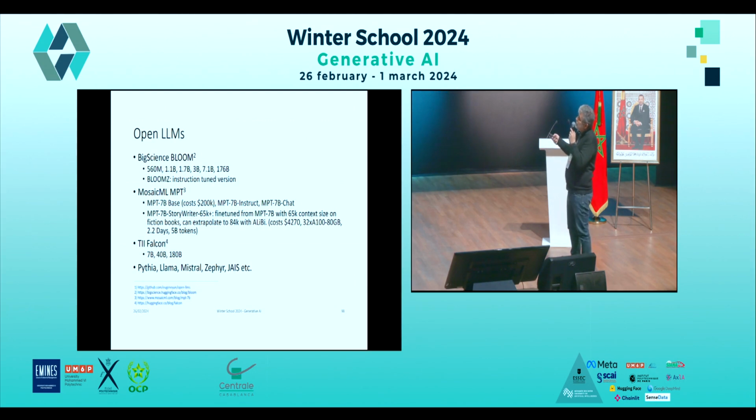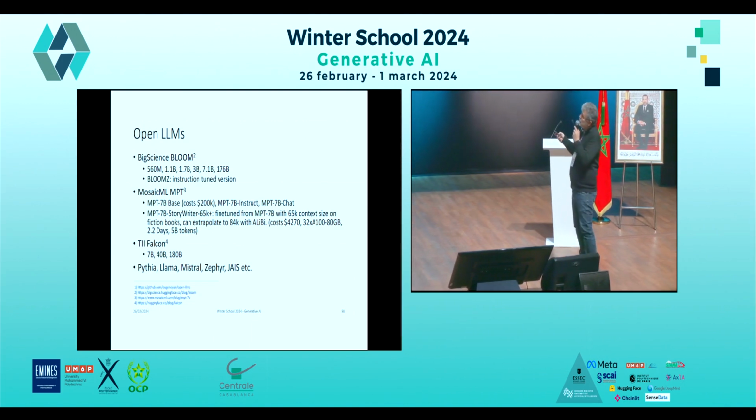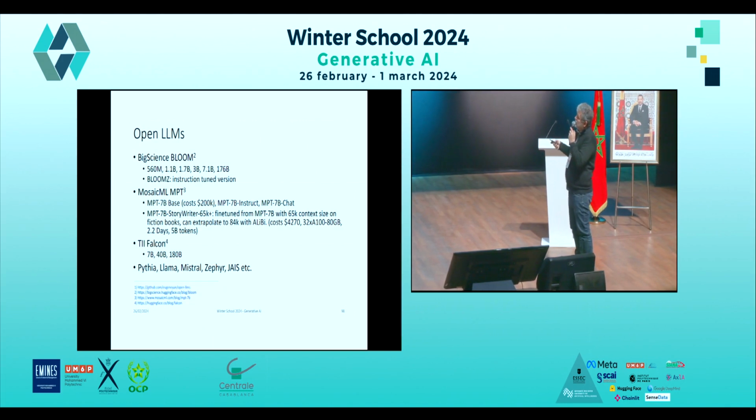And then it comes to the concept of open LLMs. It is important, as we mentioned, to have open resources. So there is the Bloom, the French model that was trained some few years ago. And it is given in different versions ranging from 500 million to 176 billion parameters.